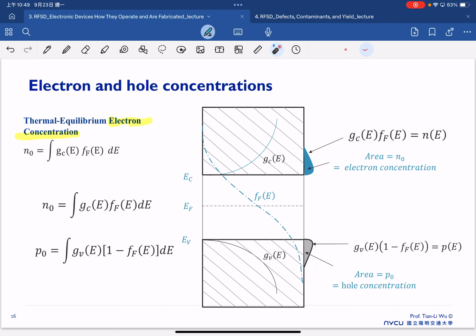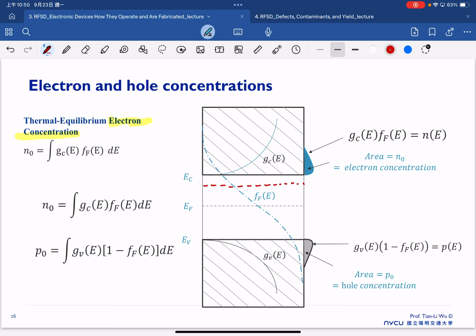But the power of the Fermi energy is not only in this case. Here, the Fermi energy is right in the middle between the conduction band and the valence band. The most important case is when EF is not in the middle, when EF is close to the conduction band.